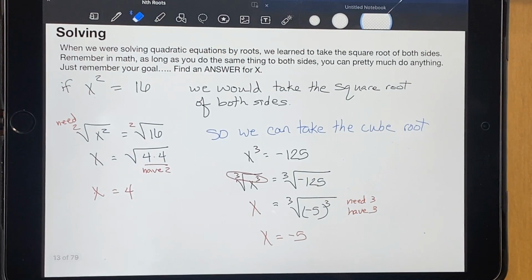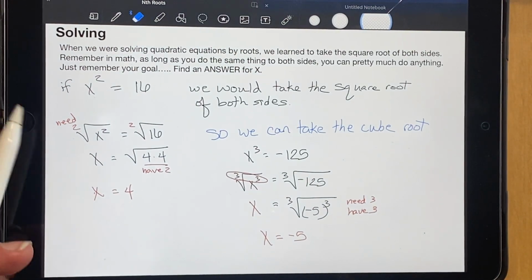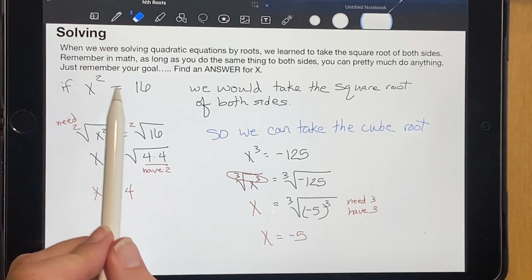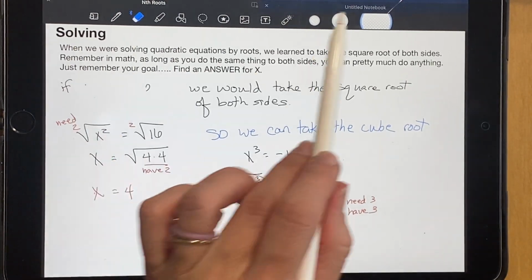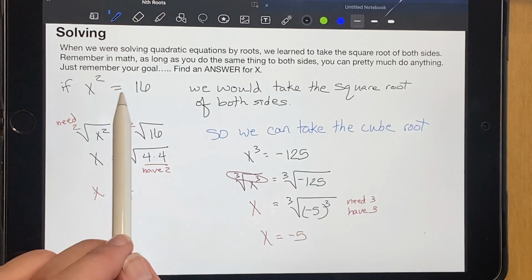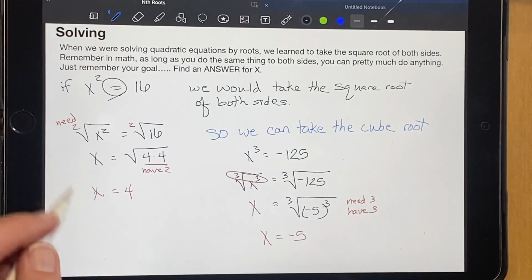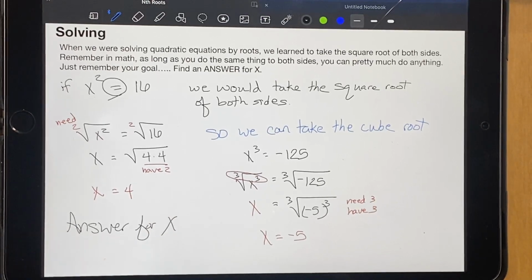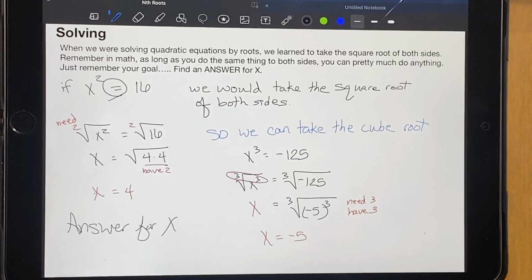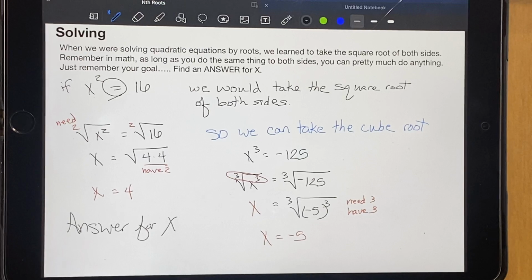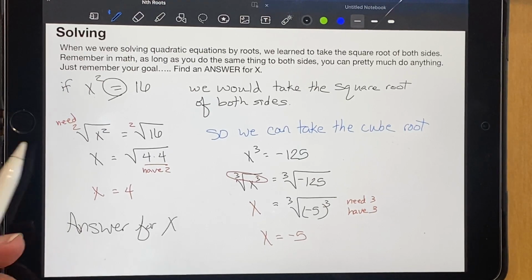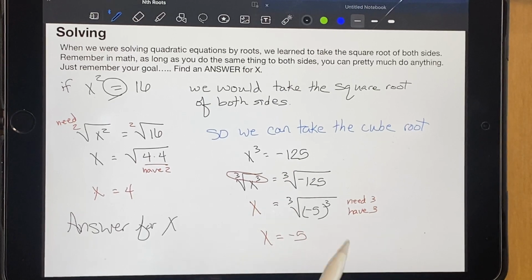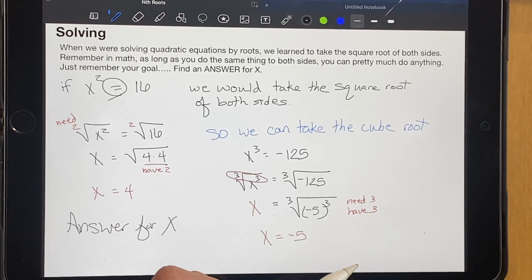So again, as we were solving when we were dealing with quadratics, we have the equal sign in the middle, and the whole goal is an answer for x, right? So now we have new tools in our toolbox to be able to find us some answers for x. So in this case, if I had x cubed equals negative 125, can I do that?